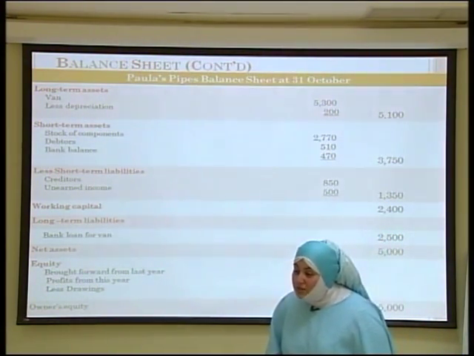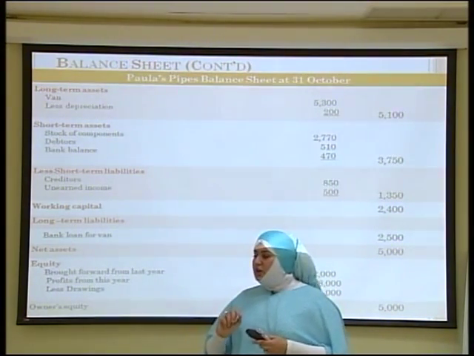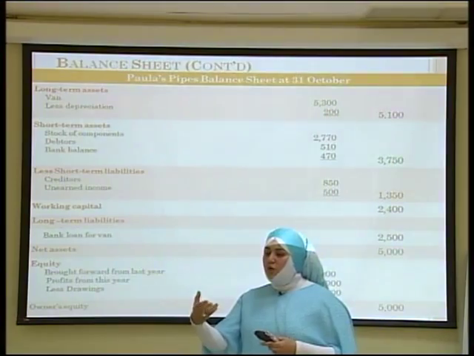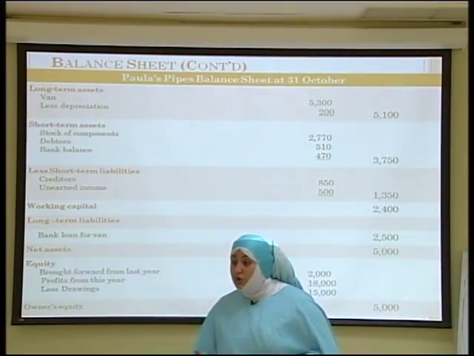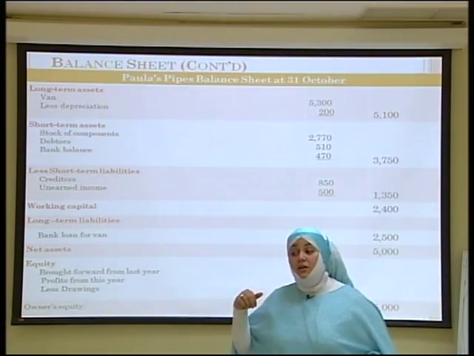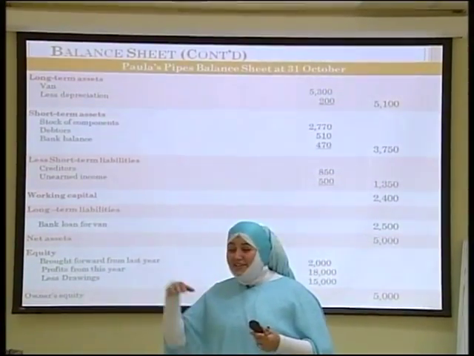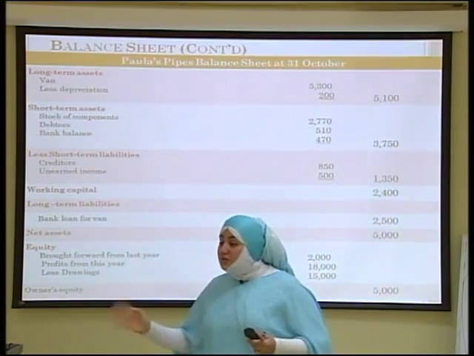What do you mean by drawings or withdrawals? When the owner uses some units of the business without paying for them. You take something for your personal use as an owner. Like if I have a restaurant and I eat from it. You're hungry, so you ask for some meals and you eat without paying. So this is personal use.